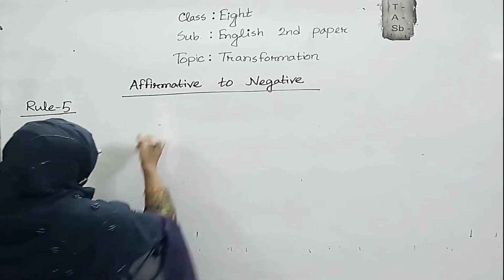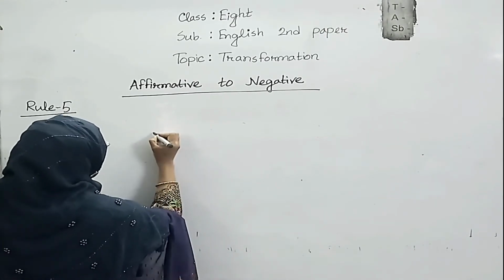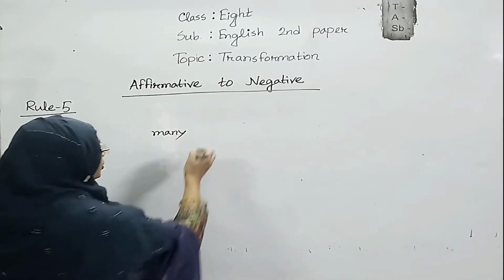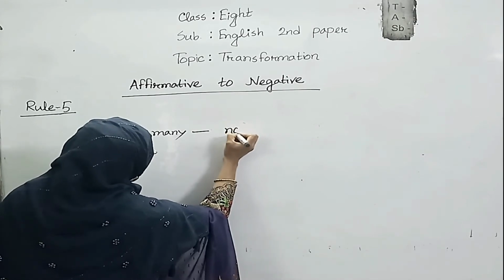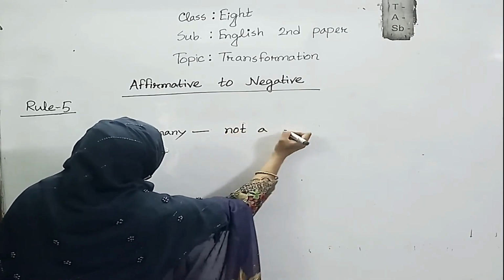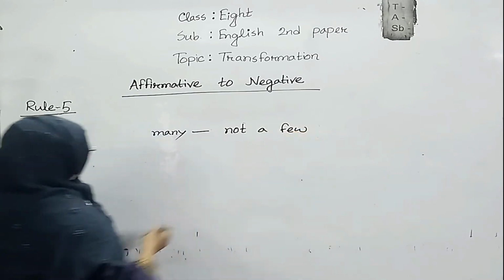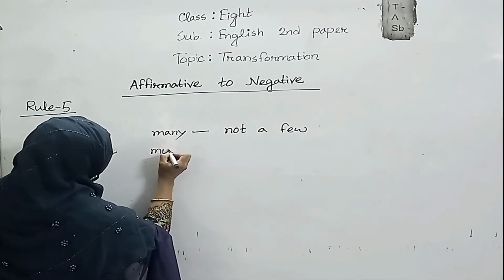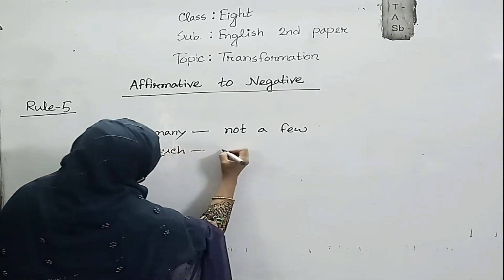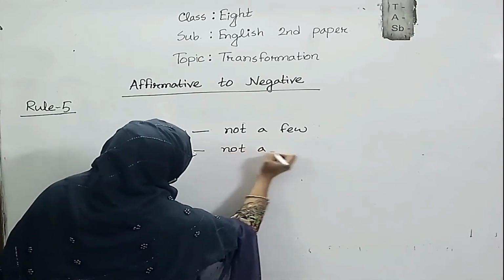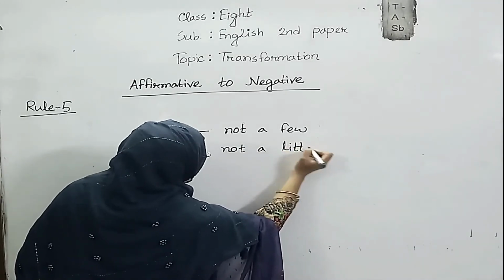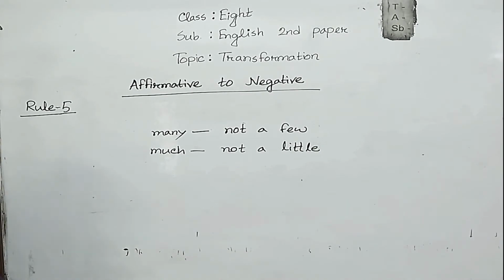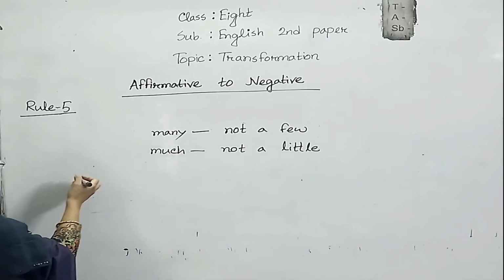Rule number 5. If we get "many" in an affirmative sentence, we have to write down "not a few". If we get "much" in an affirmative sentence, we have to write down "not a little". So I am giving you an example.